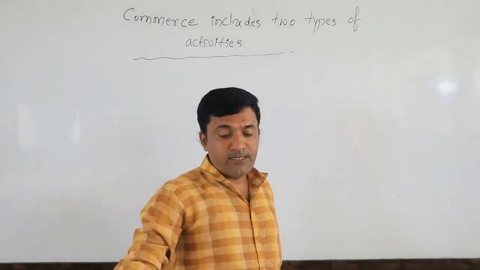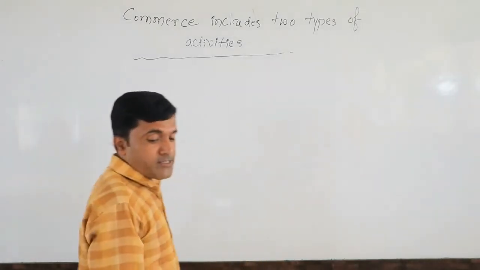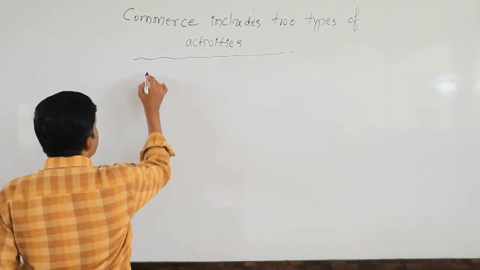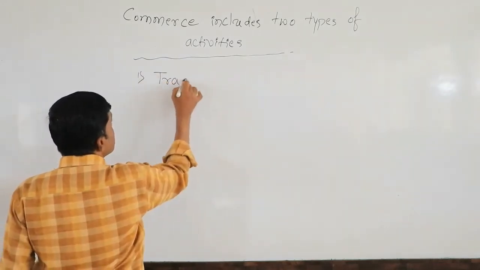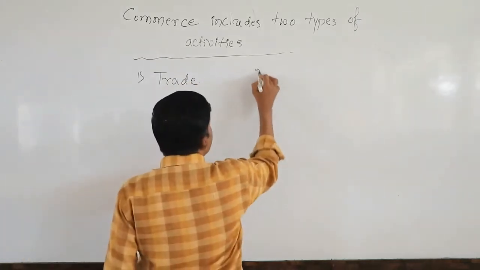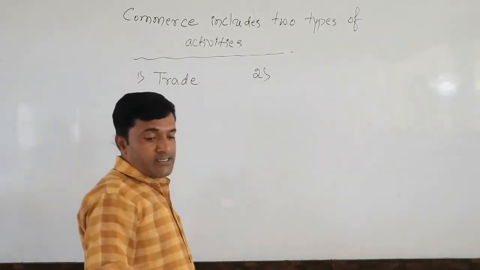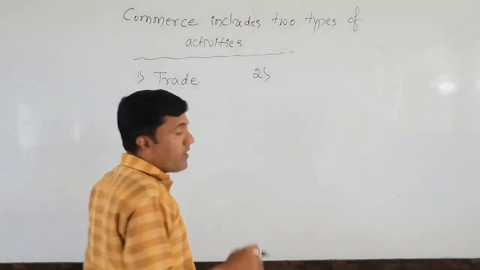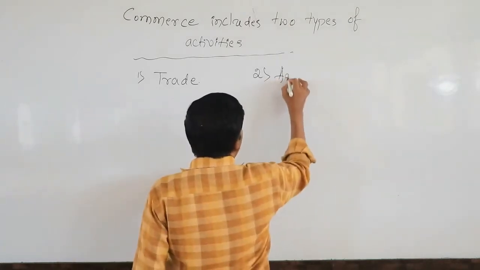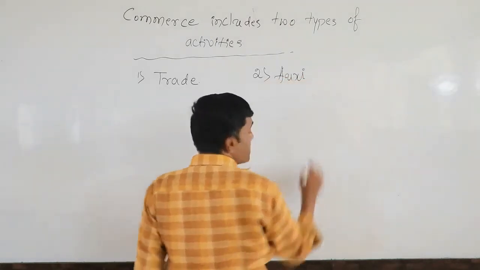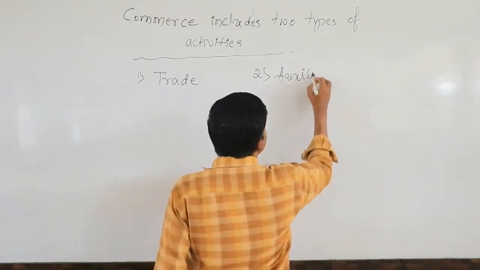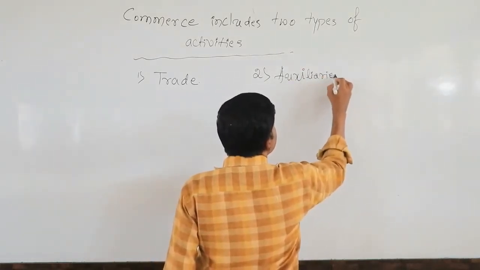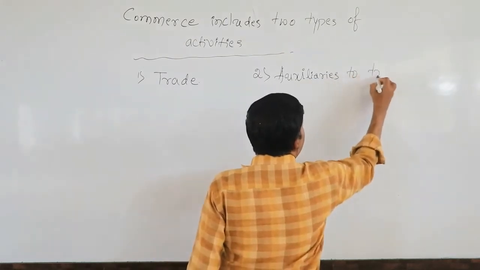One is trade, another one is auxiliaries to trade. The first one is trade. Then the second one is auxiliaries to trade.